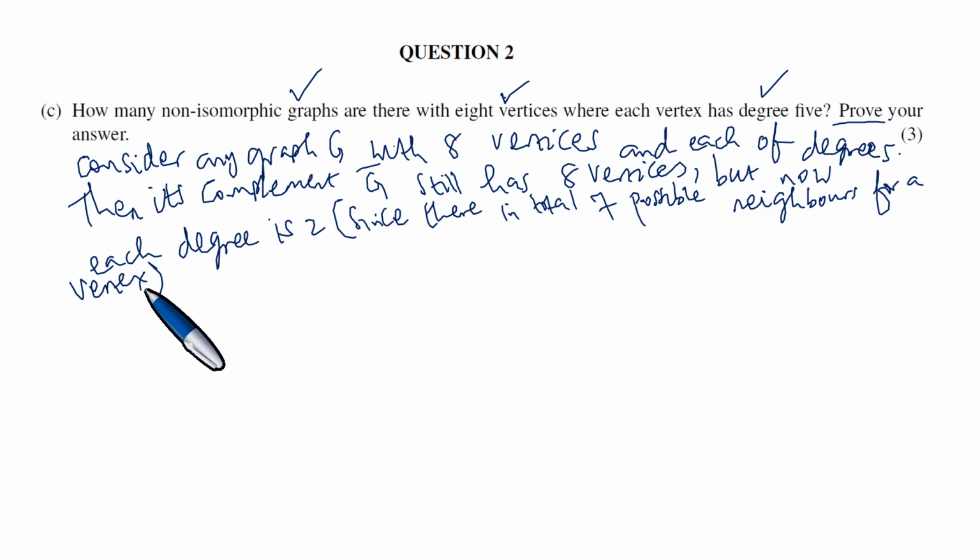Now we're looking at the complement. If a graph has 8 vertices, surely the complement will still have 8 vertices. We saw that in the previous question. But we are arguing that now each will have degree 2. Yes, it is true, since there are in total 7 possible neighbors for a vertex.